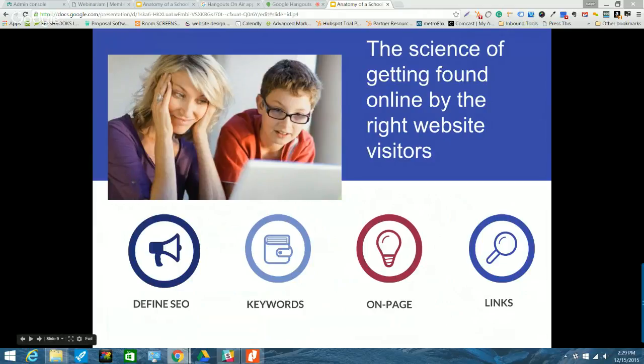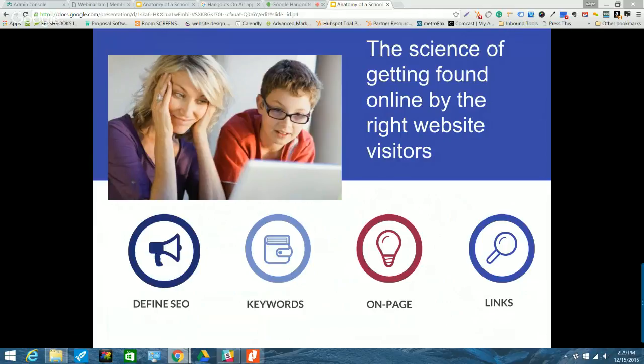Another thing is what we call off-page SEO or inbound links. This is from other sites that have authority, and this is a major factor. So as you build links from other sites to you, it allows you to be seen as more authoritative.